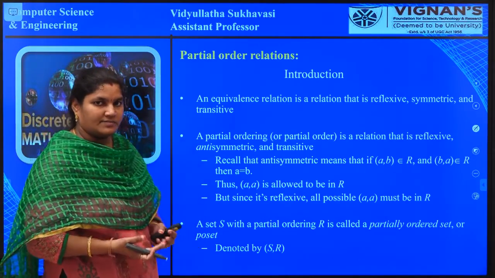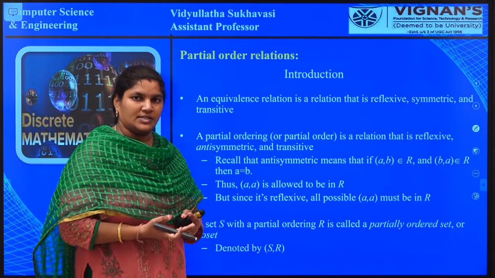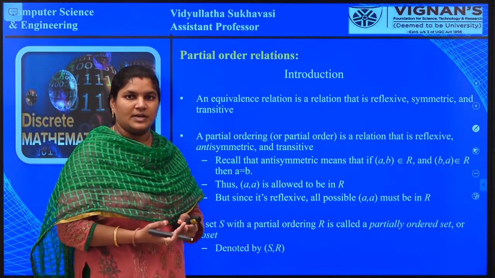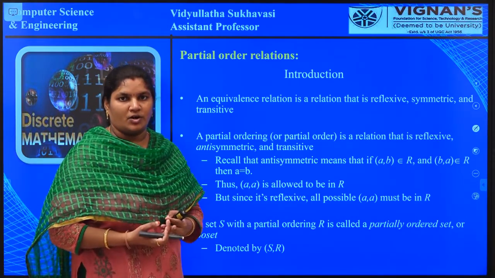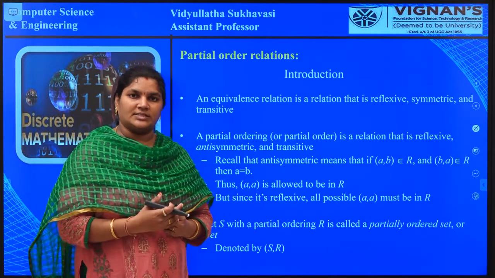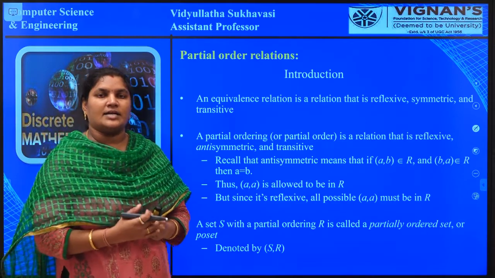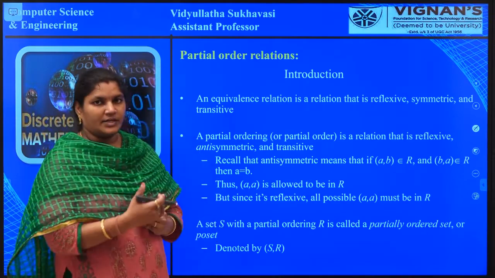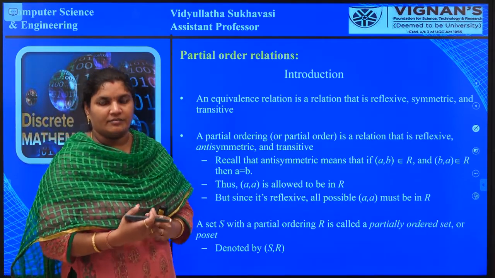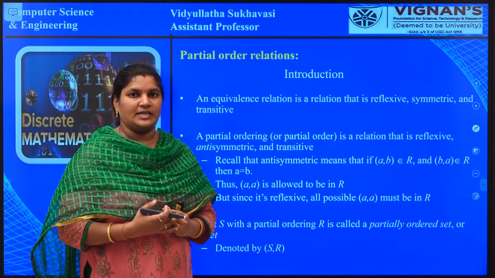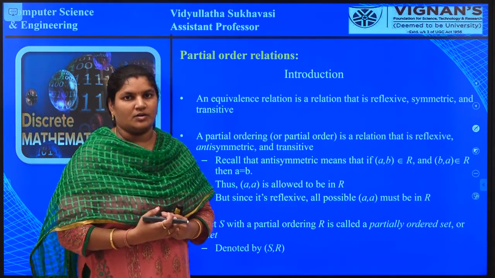Already we have seen that we are going to discuss closures of relations, equivalence relation and then partial ordered relation. In the previous concept we checked whether the relation R is satisfying equivalence or not. In this concept we are going to check whether the relation R is satisfying partial ordered relation or not.